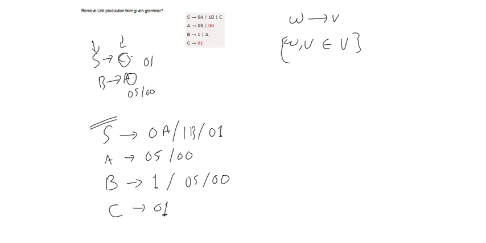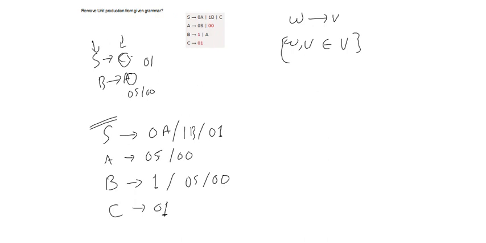Whenever we are simplifying the grammar, we should eliminate unit productions from the grammar. So in the given grammar, S implies C and B implies A are unit productions. We should eliminate them.